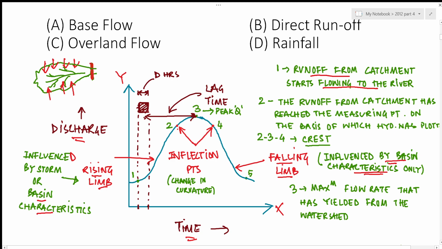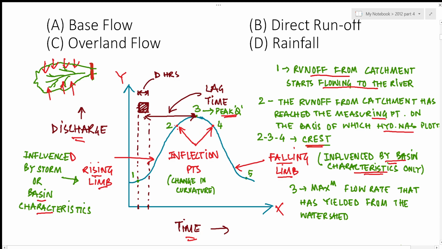Now point number 1 is where the runoff from the catchment starts flowing to the river. At point 2, the runoff from the catchment has reached the measuring point on the basis of which the hydrograph was plotted. The portion 2, 3, 4 is known as the crest, and point 3 is known as the peak discharge.